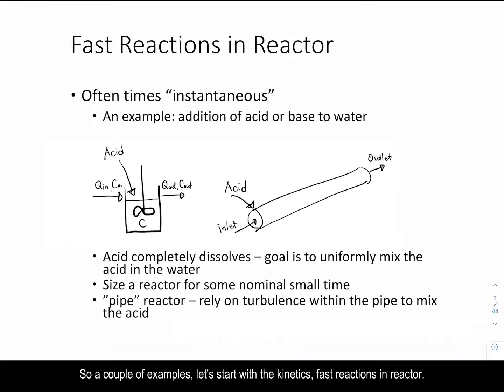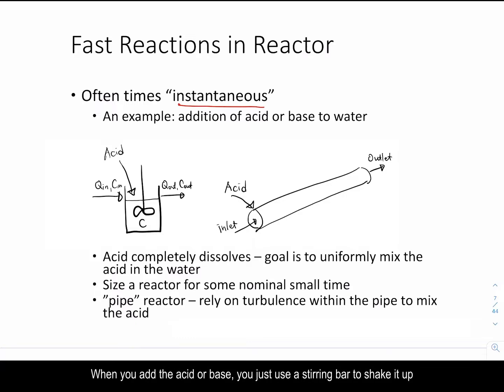So a couple examples. Let's start with the kinetics. Fast reactions in reactors. Oftentimes we say something is really fast in reactions when they are considered to be instantaneous, right? The example of this is something like addition of acid or base to the water, right? And most of you are graduate students, so I think when you do an experiment and if you need to change pH, for example, then you add acid or base, right?